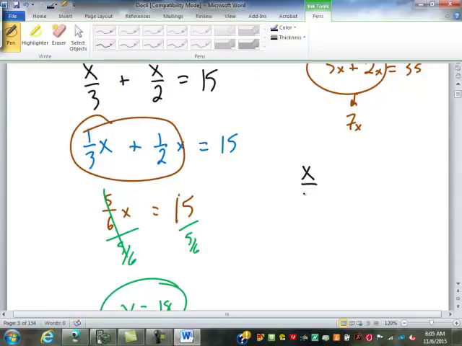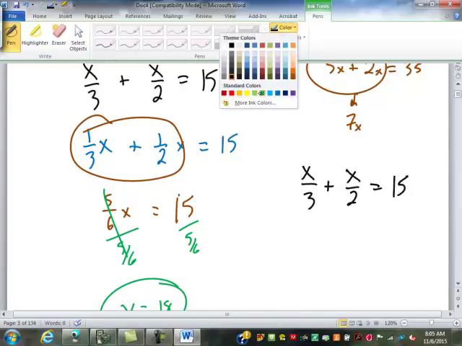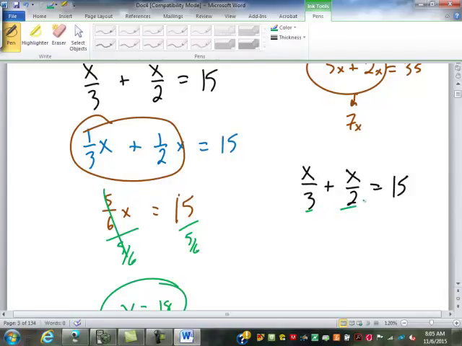The other method works like this. First thing we would have to figure out is what is the common denominator between 3 and 2? Least common denominator. Now, it doesn't have to be the least, but it's usually easiest if we have the least, which would be 6. We're going to multiply the whole equation, not just the left side, but the whole equation by 6.